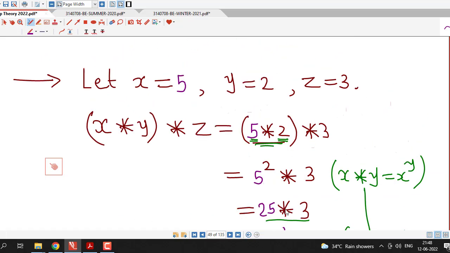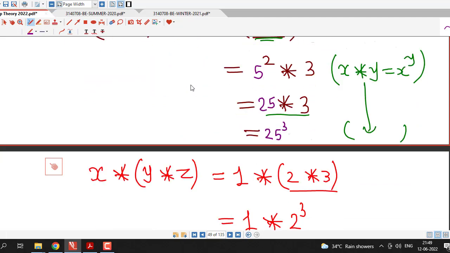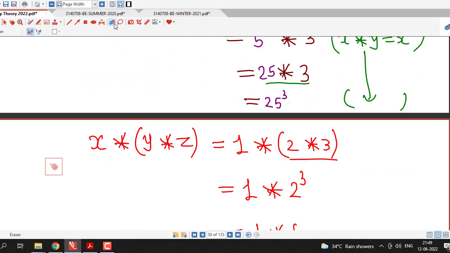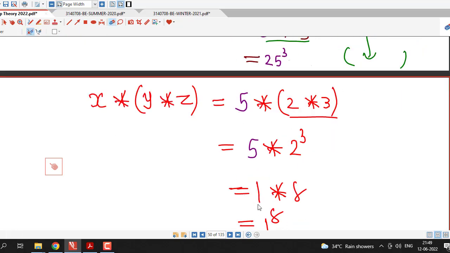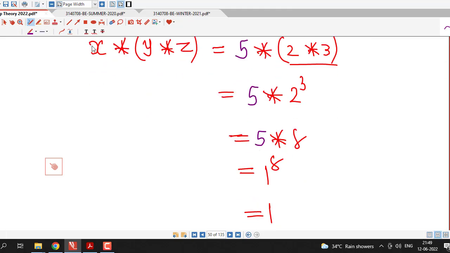Now we have changed only the value of x, which is 5 instead of 1. So here we replace 1 by 5. Here also we replace 1 by 5. Same thing here, 5 star 8, and here we have 5 raised to 8.